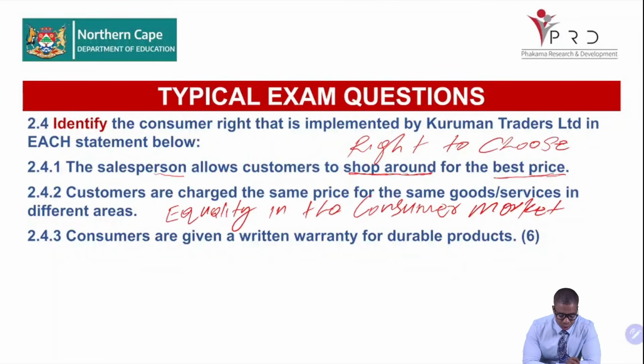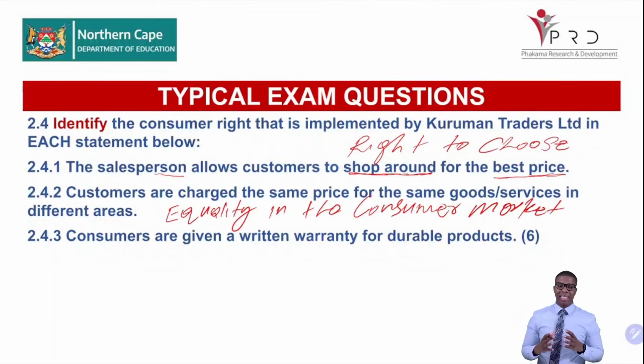Then, consumers are given a written warranty for durable products. So when you look into that, it says consumers are given what? A written warranty for durable products. What is a written warranty?